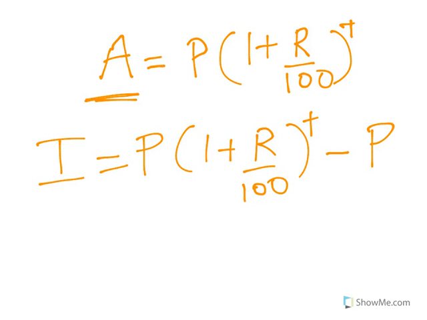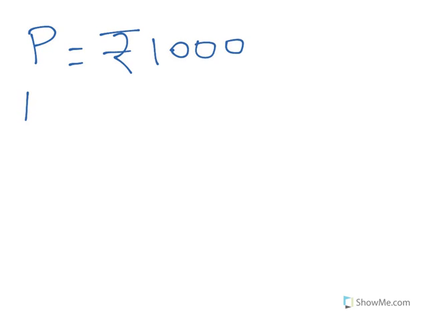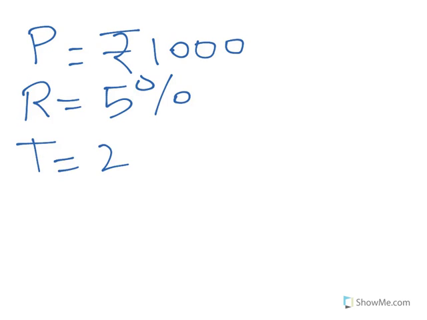Okay, so now that we've got that clear, let's use the formula to figure this stuff out. I'm going to take the exact same question that we solved using our year 1, year 2 method. Principal is going to be 1000 again, rate is 5% again, and time is 2 years again.